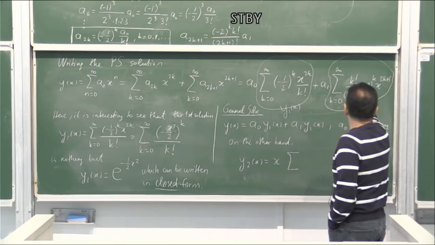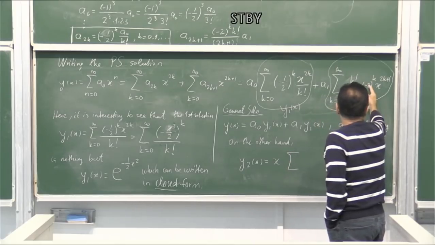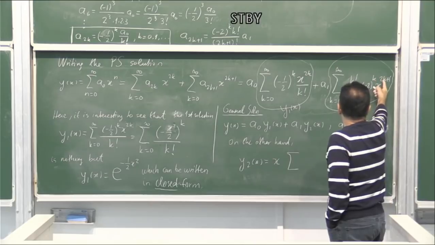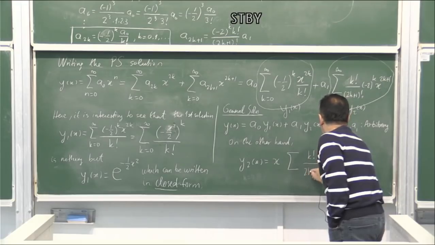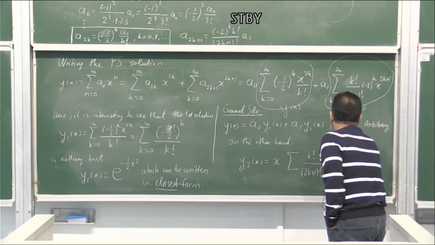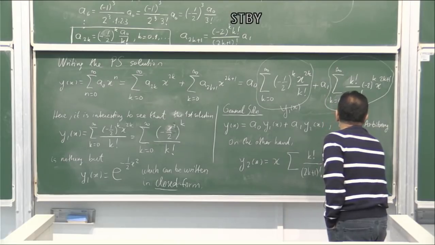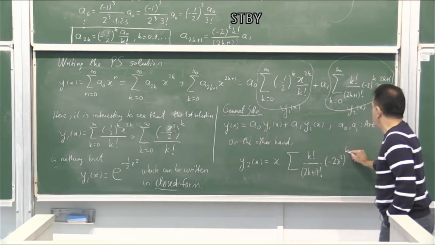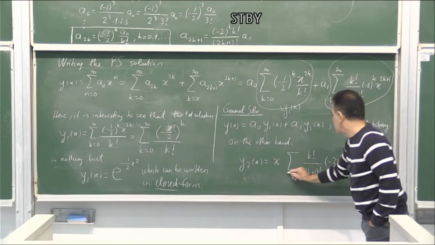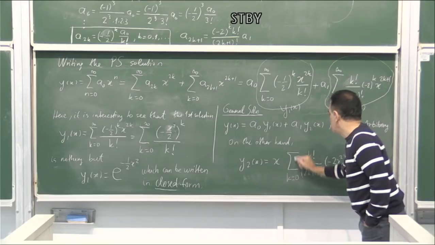So it remains minus 2 to the power k, x to the power 2k gives k factorial over 2k plus 1 factorial, and minus 2x squared to the power k, multiplying by x, from 0 to infinity.